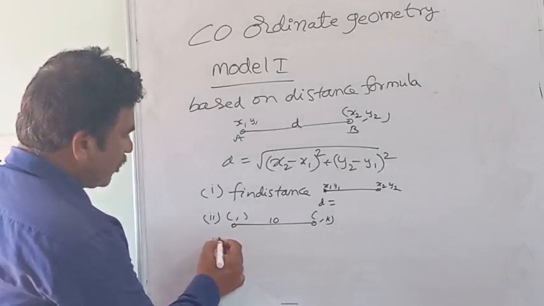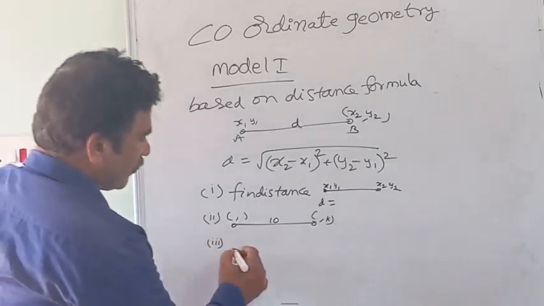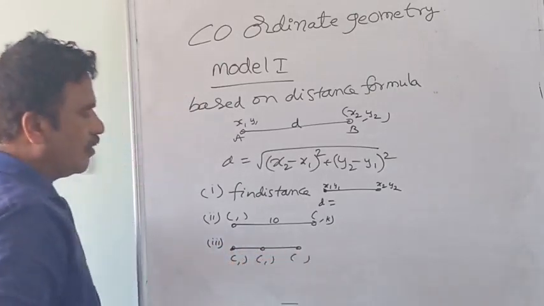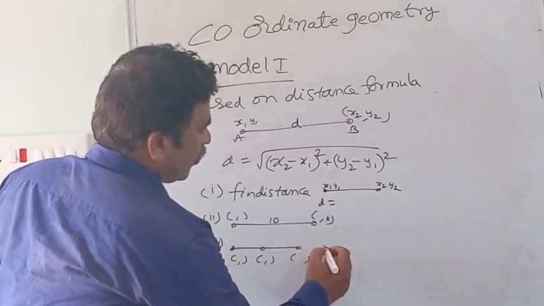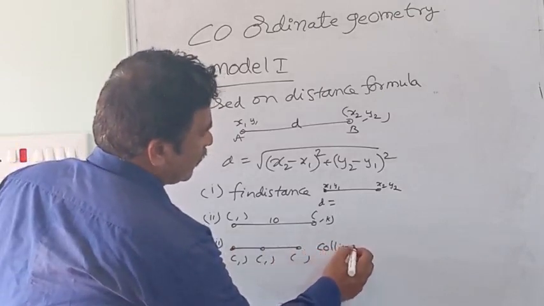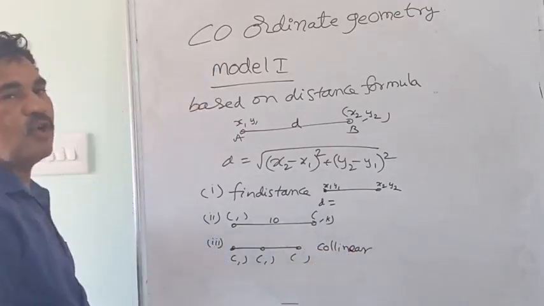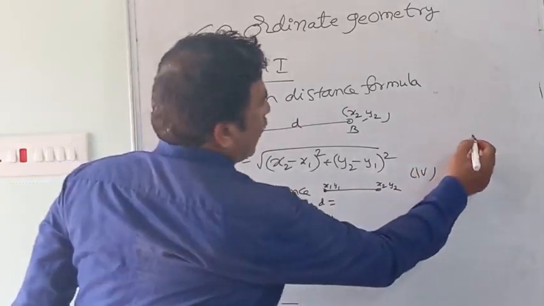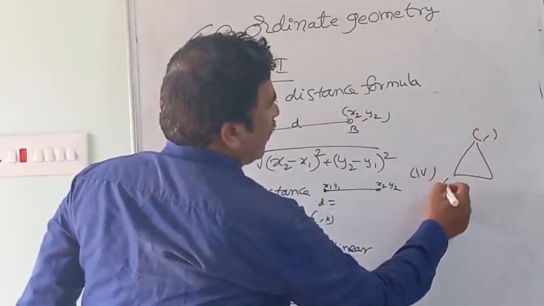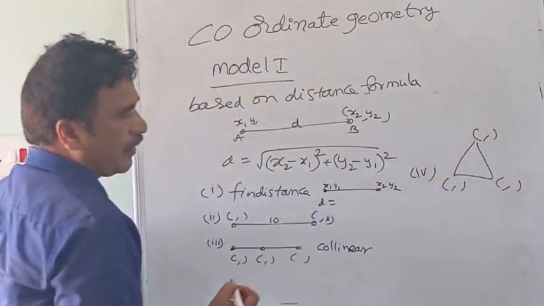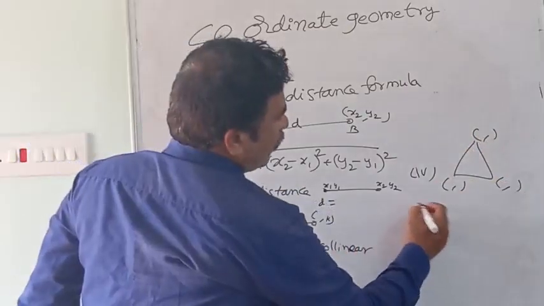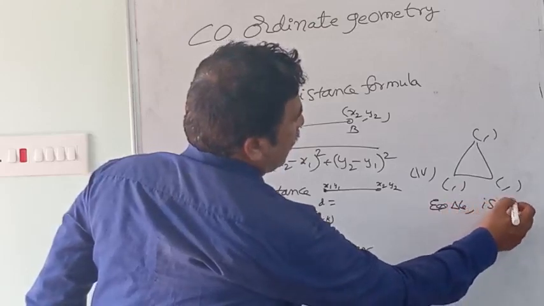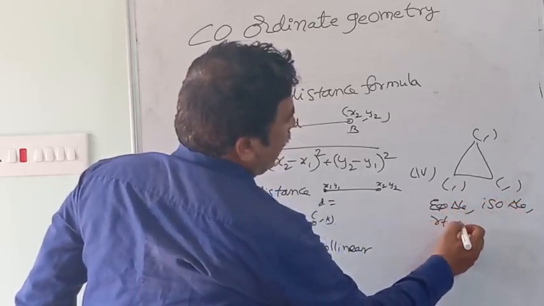In the third type, he will give 3 points and ask to show that they are collinear, or something related to collinear. In the fourth type, he will give 3 points, x1, y1, x2, y2, x3, y3, and ask to show that it is an equilateral triangle or isosceles triangle or right angle triangle.